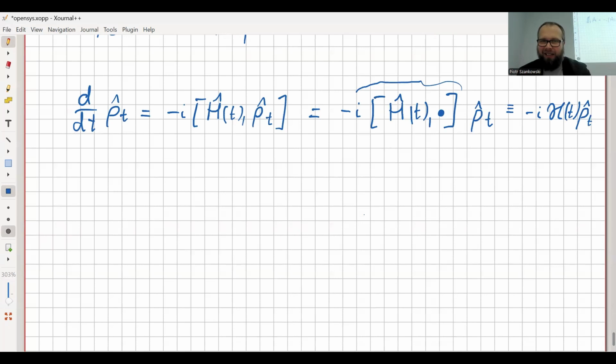So what's happening here? This bullet here, I will use bullets to denote a placeholder for the argument of the super operator. So when the super operator acts on an operator, on a vector, you place the argument in the bullet; the bullet is a placeholder for the argument.